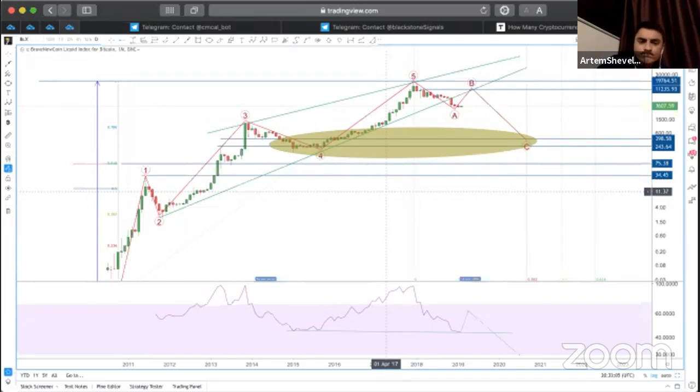Okay, Elliott waves could be more than 3. You mean about the correction cycle or what? Because on this chart we have 5 waves up and 3 waves down.